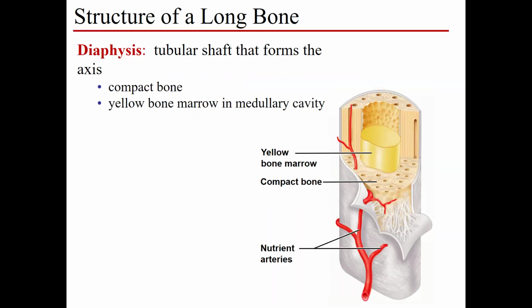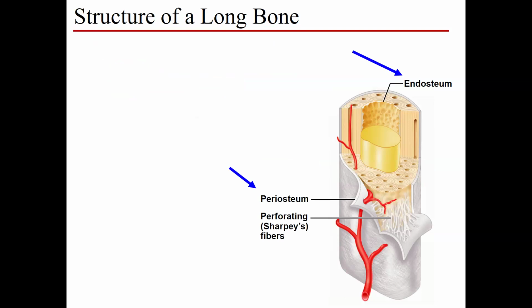There's a good shot of our periosteum, guys. Think of it as a sleeve around the bone. Calling Perry. Perry is best friends with Sharpie. You've got to make your mind a little circus to remember some of this stuff. Perry and Sharpie, they're best friends.